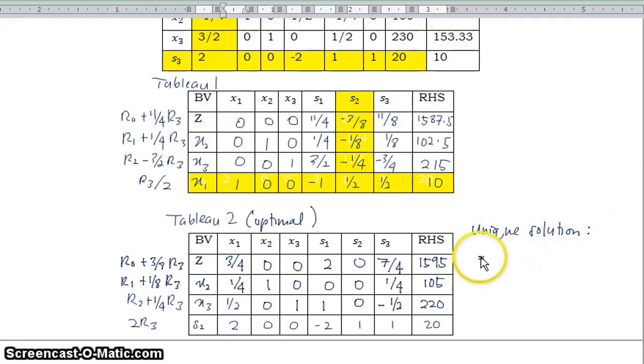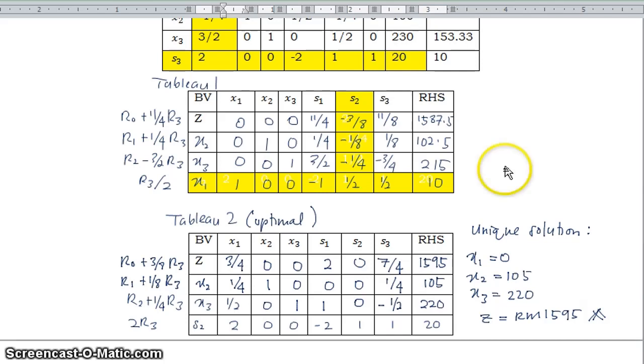And the solution is X1 is 0, X2 is 105, X3 is 220, and the optimal Z value is RM 1595.